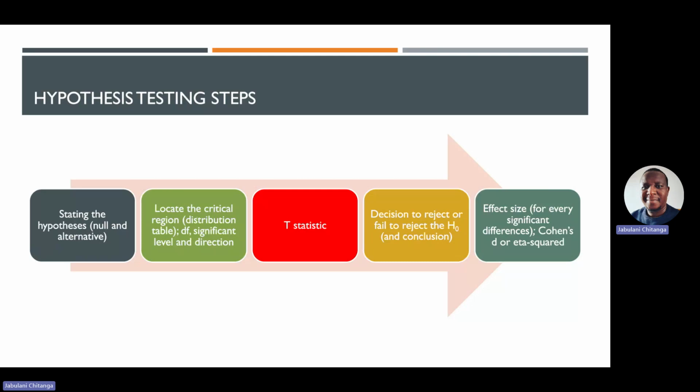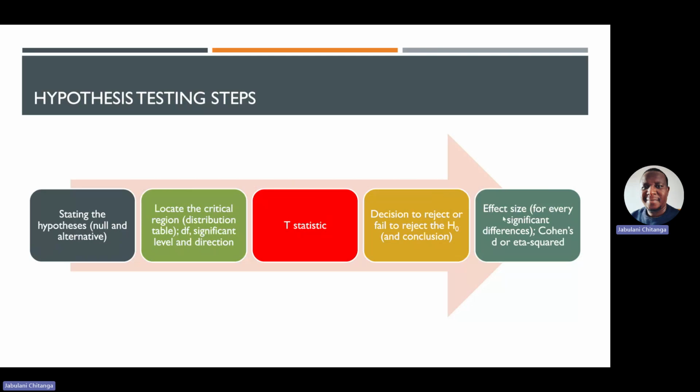There's one for t-test, one for correlation, one for F. There's Z-score, normal distribution, among others. So there is a way of identifying that critical value that I mentioned. I'm going to show you as well. We are going to compare the critical value and the t statistic that we've obtained to make a decision whether we reject or fail to reject the null hypothesis that we've stated.